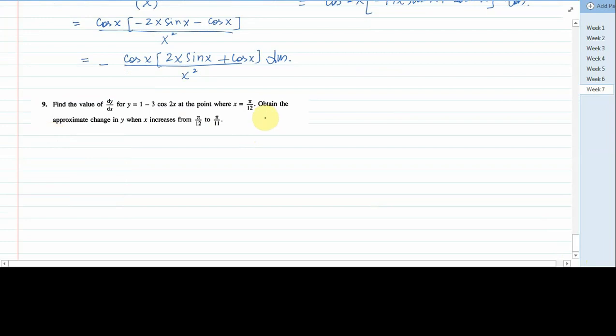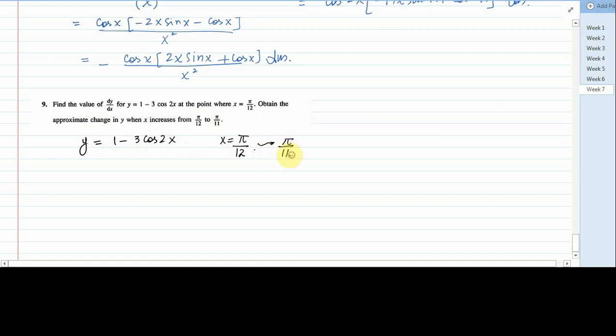It says find value of dy by dx for y is equals to 1 minus 3 cos 2x at the point where x is equals to pi divided by 12. Obtain the approximate change in y when x increases from pi by 12 to pi by 11.